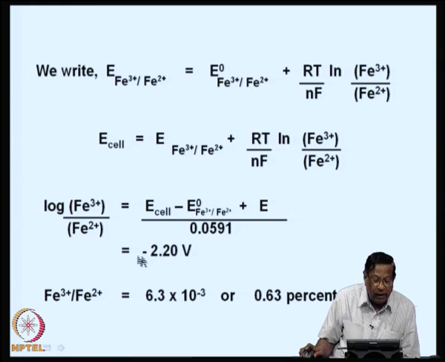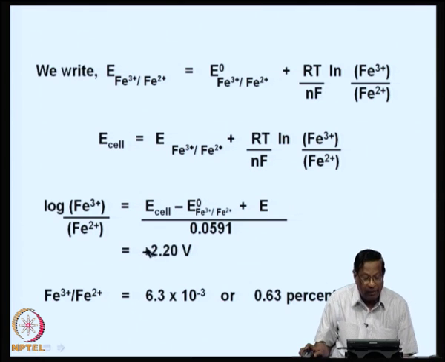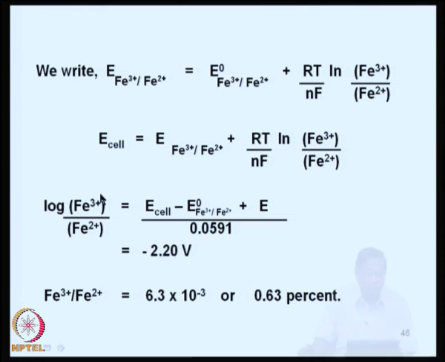So, the number you get by reorganizing this is minus 2.20. This tells you that taking the antilog of this, ferric to ferrous would be nothing but 6.3 into 10 raised to minus 3.